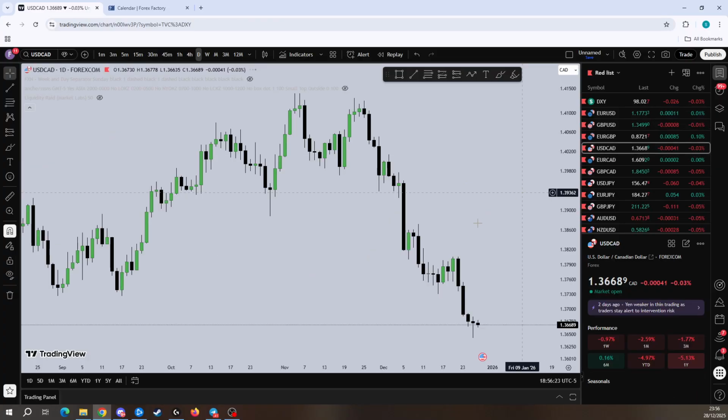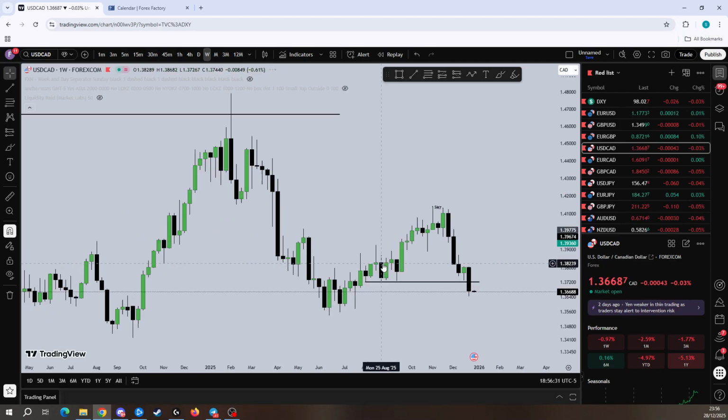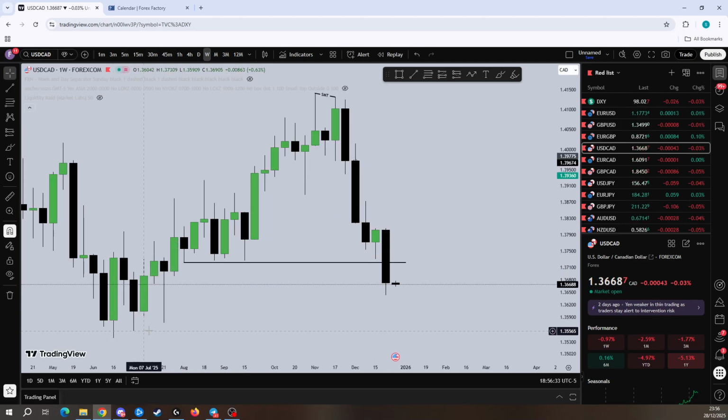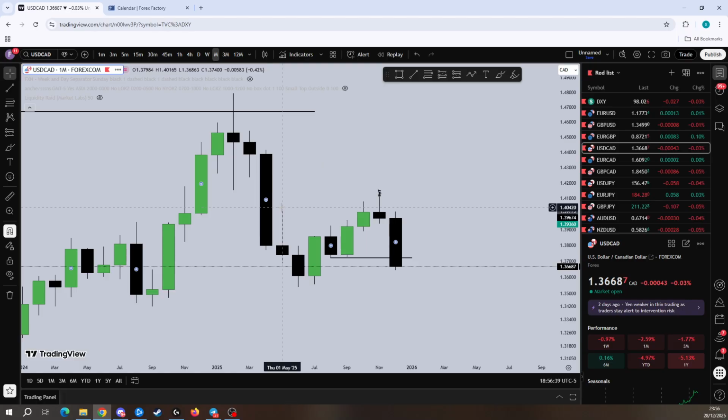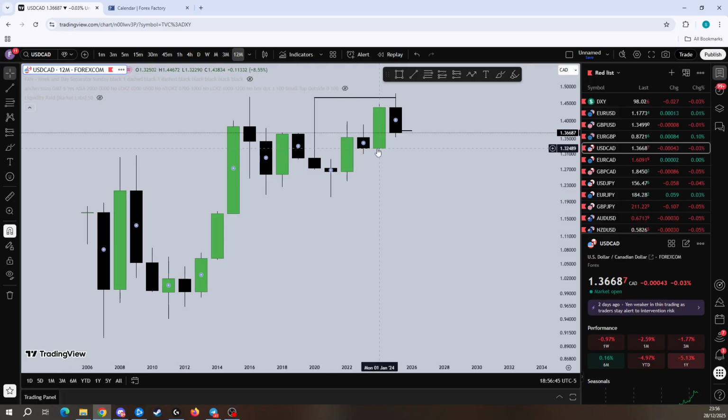So UCAD, not interested. Took out the higher time frame draw, which I was mentioning. It looks like these weekly equal lows is probably the next draw in liquidity after this nice body close. So yeah, monthly imbalance, displacement, even previous year low is probably the next draw in liquidity as well.